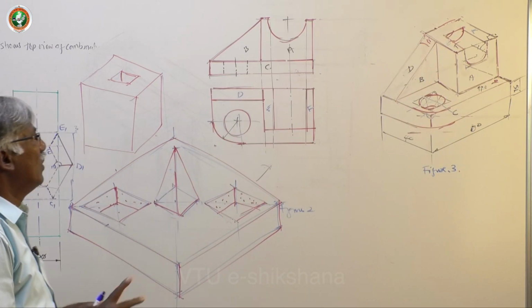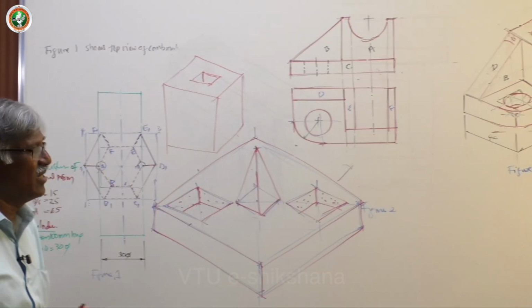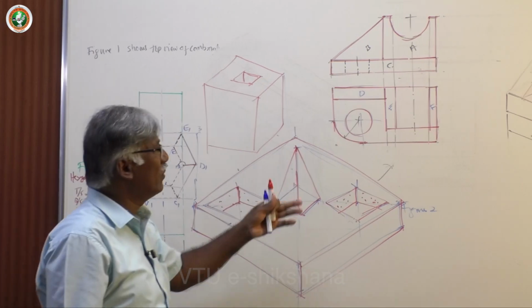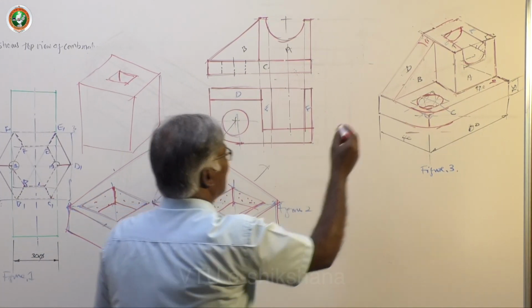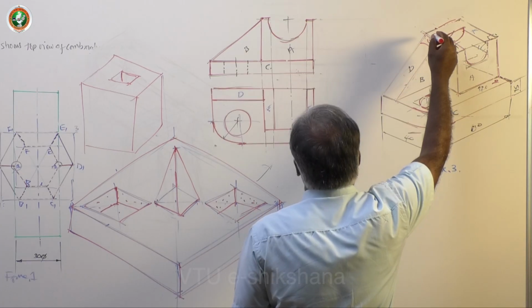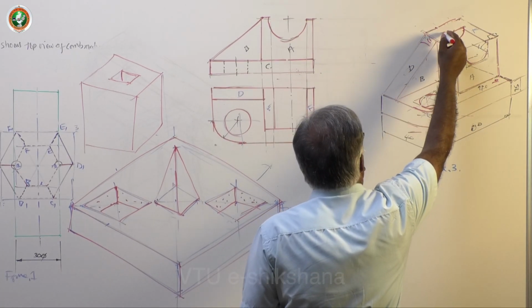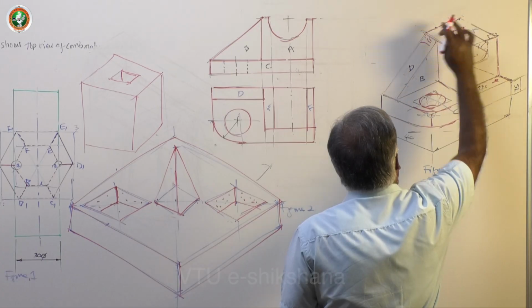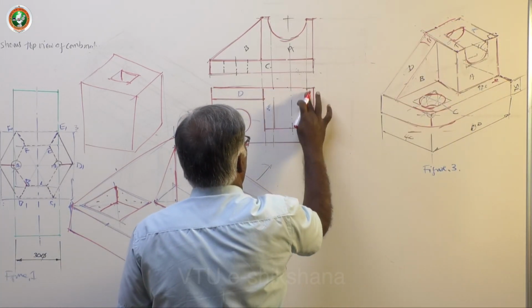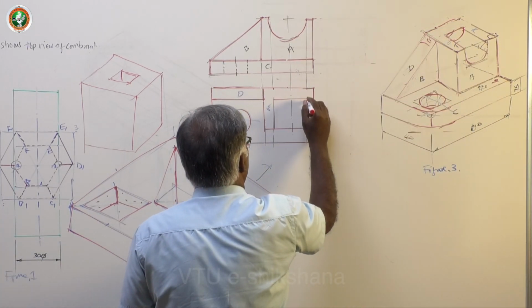Okay, now what change? Any changes in the top view, front view? Yes, there is very much change in the top view because this is a free surface, no line edge here. Okay, no edge.